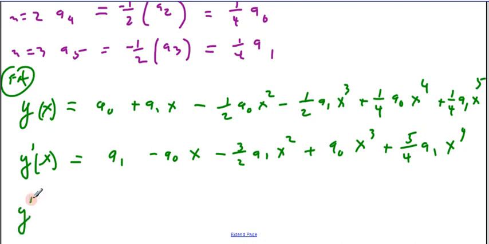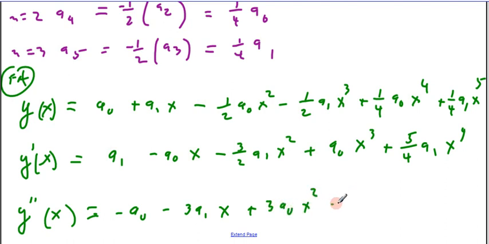And y double prime becomes minus a0 minus 3a1x plus 3a0x squared plus 5a1x cubed.